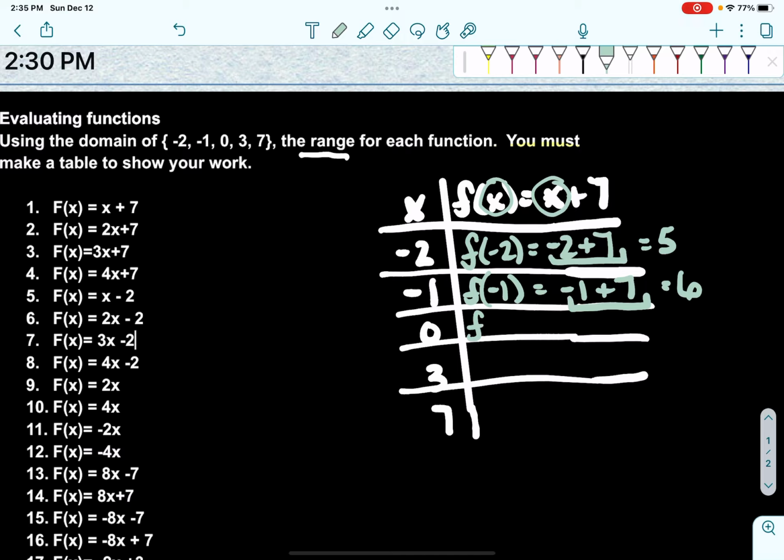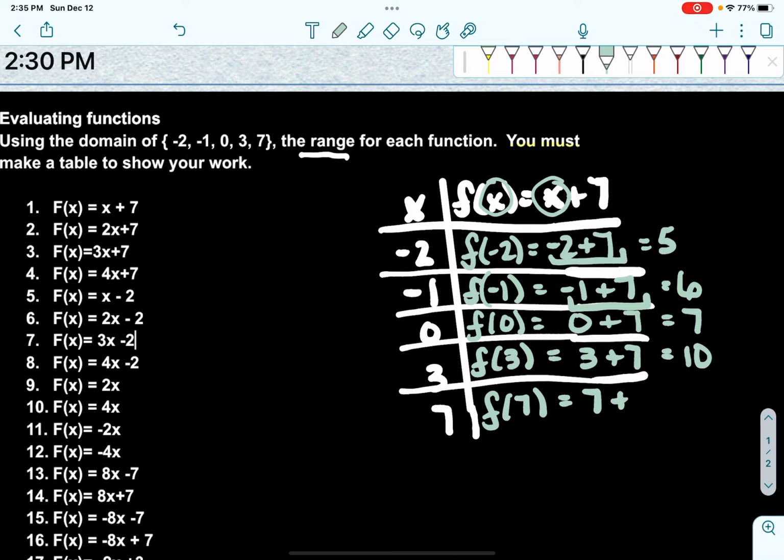The next one to get plugged in is 0. So 0 plus 7 is 7. The next one is 3. So 3 plus 7 is going to be 10. Next one I'm going to plug in is 7. So 7 plus 7 is 14.